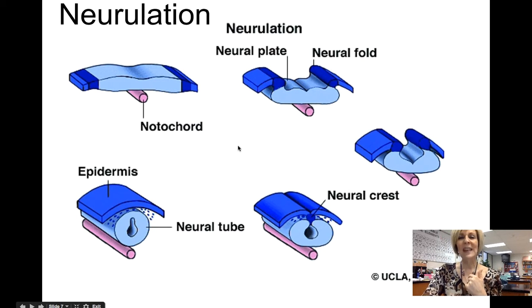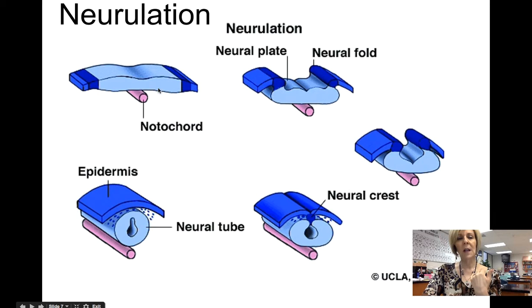What happens in the ectoderm is that it is going to become nervous tissue. There is a very strong supportive rod of tissue that forms along the embryo, and that's called the notochord. The notochord has its roots in what will become the vertebral column in higher animals.